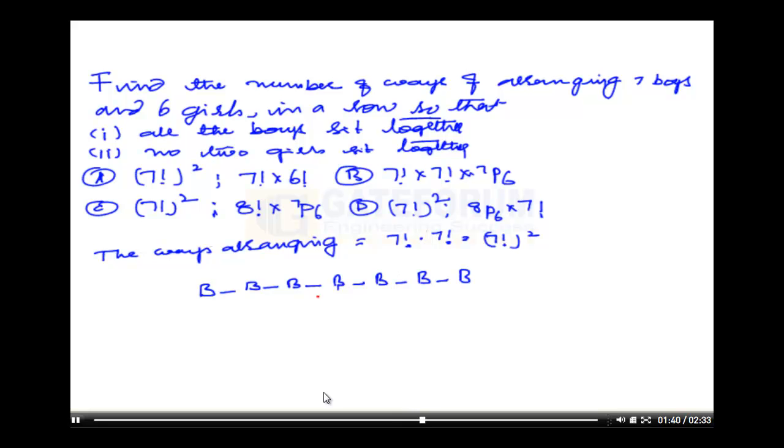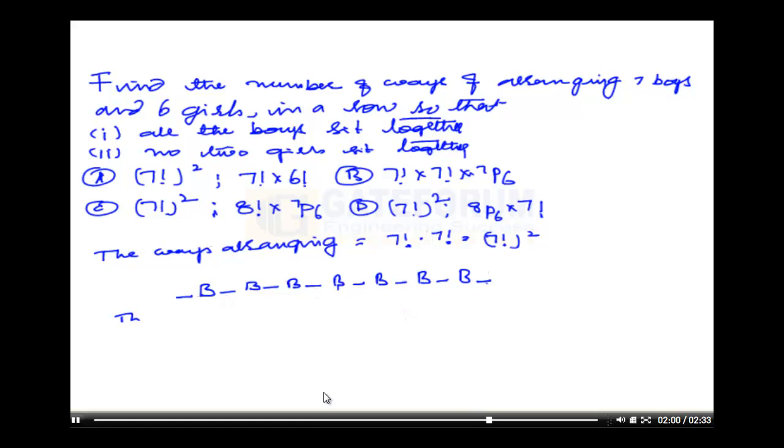7 boys, and in between you find a place for the girl, but here also we can make the girls sit. Hence totally we have 1 2 3 4 5 6 7 8 places for 6 girls.